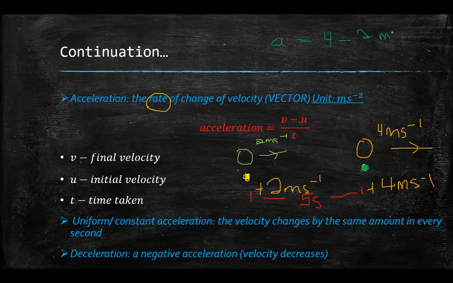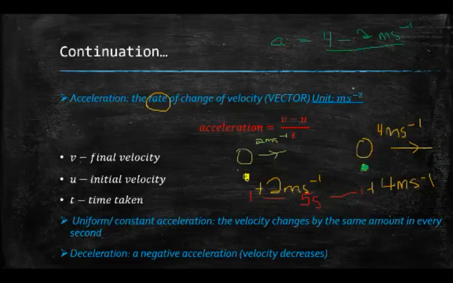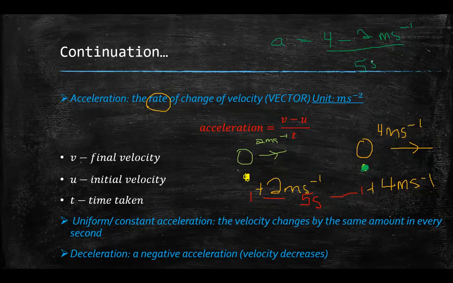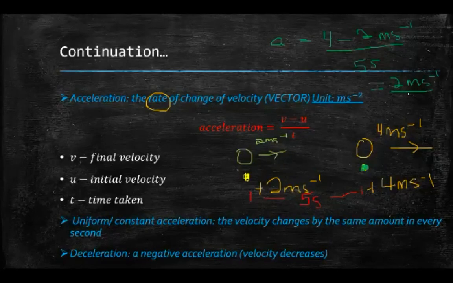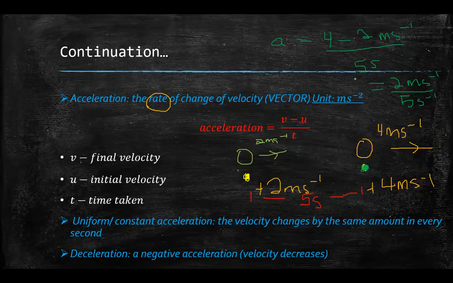Let me just put the units, meters per second, divided by the time taken, which is 5 seconds. 4 minus 2, that's 2 meters per second divided by 5 seconds. So I can just leave it as 2/5, but the unit is meters per second squared.